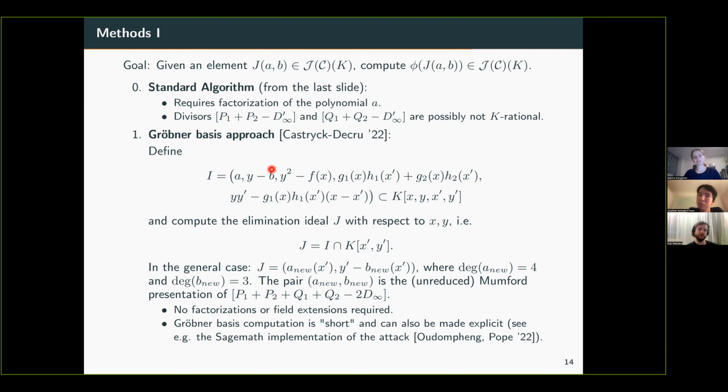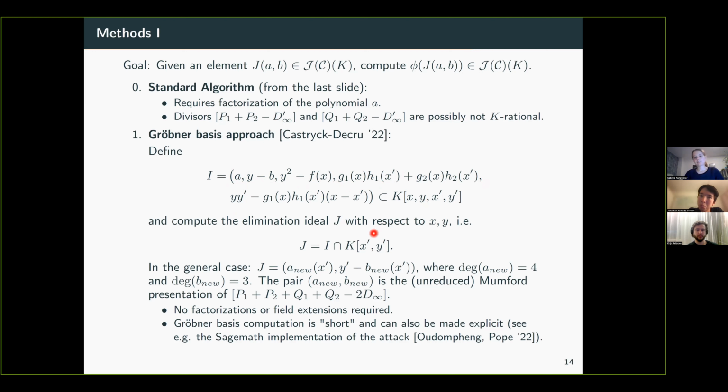So what we know about those is that we have this Mumford presentation. So for the divisor, we know that x is a root of A, and we also know that y is equal to b of x. We have the curve equation, and then the other two parts are the equations that come from the Richelot correspondence.